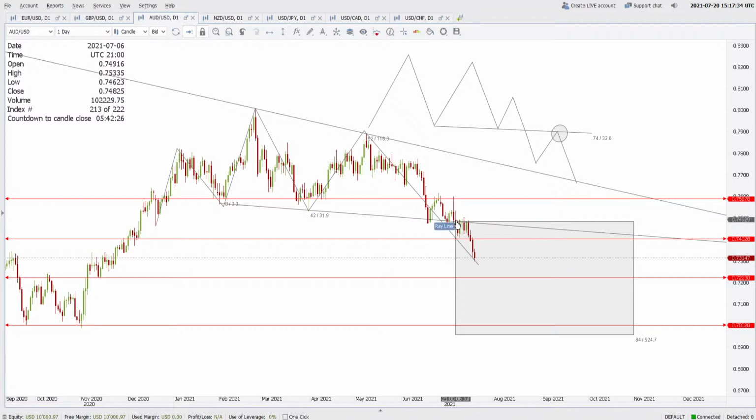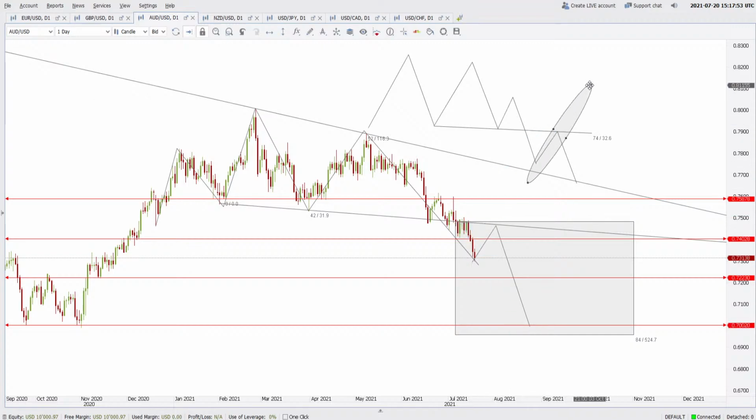In this case, as soon as it was broken, people opened their short positions here, but there are a lot of people who might have missed this boat. So in case you get a second opportunity here like this, then definitely go for a sell here with a small stop loss and take profit at the 0.7000 level.